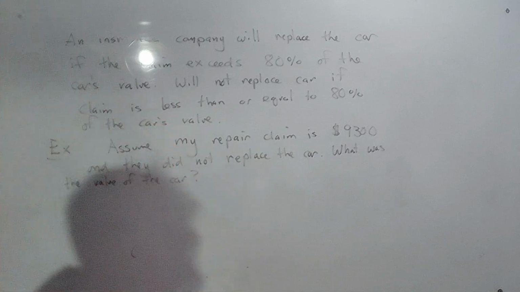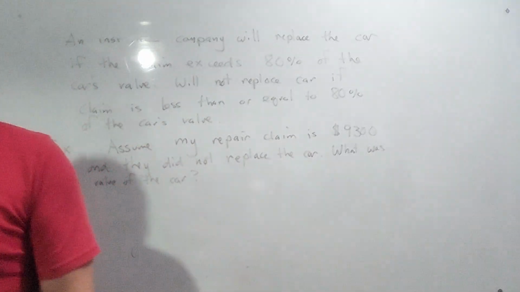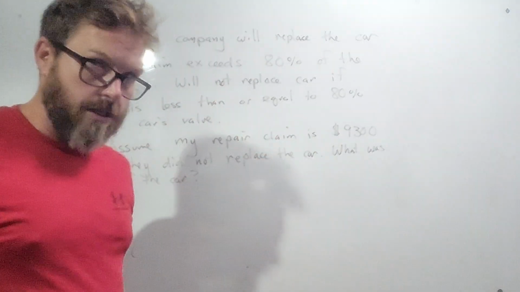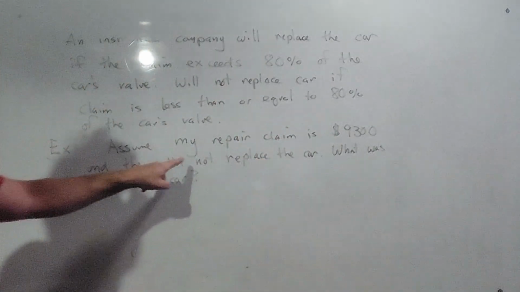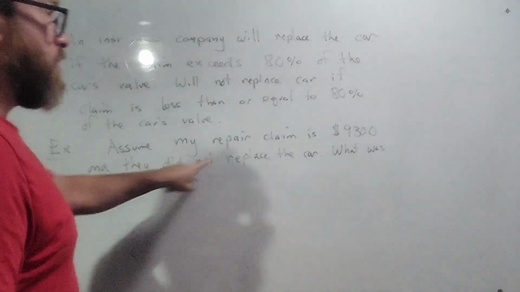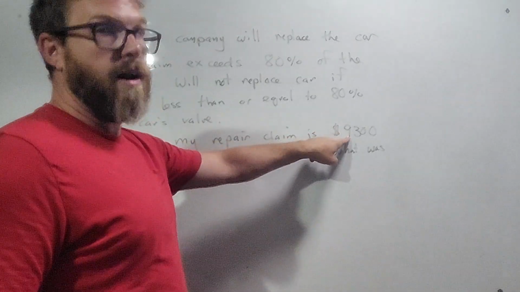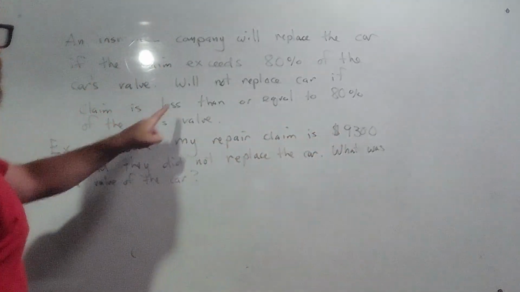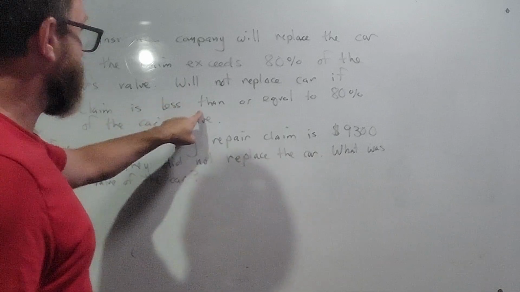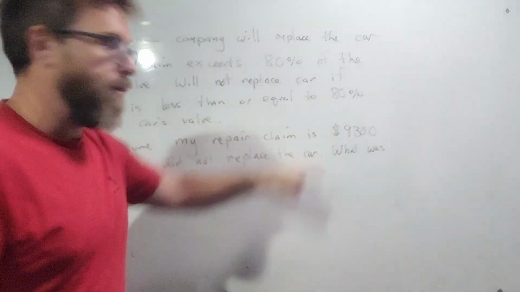Now, I can't tell you the exact value of the car, but I can basically say the car is going to be at least more than this. So what we know is they did not replace the car. So $9,300 was not enough to replace the car. So they will not replace the car if the claim is less than or equal to 80% of the car's value.